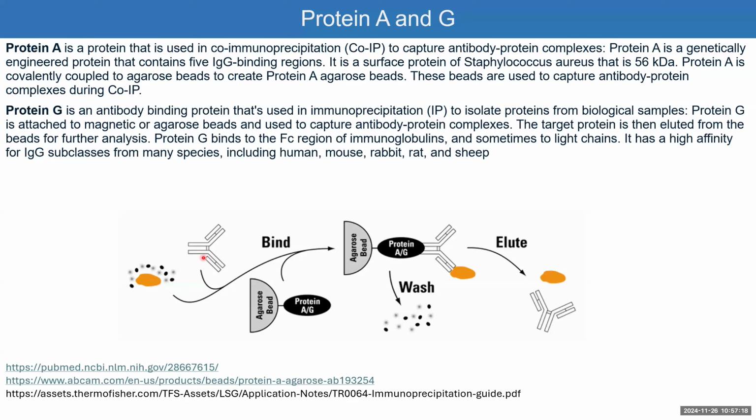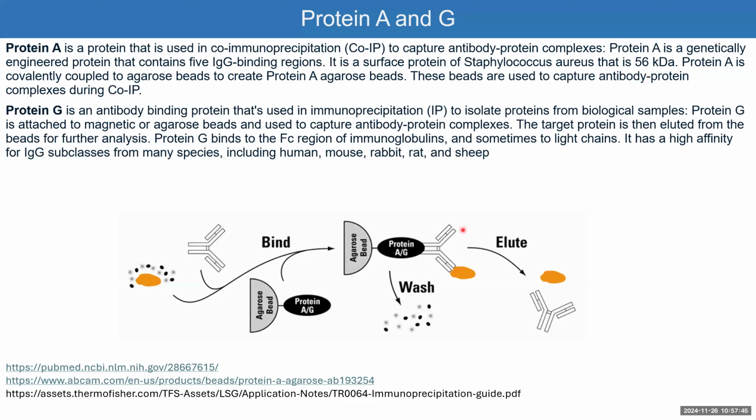And then in order to capture that primary antibody, you need something to stick it to the beads. And this is either protein A or G. When you buy the beads from the company, they come either as magnetic beads, because you can pull them by magnet, or you can use sepharose or agarose beads, and those you can pull by centrifugation.